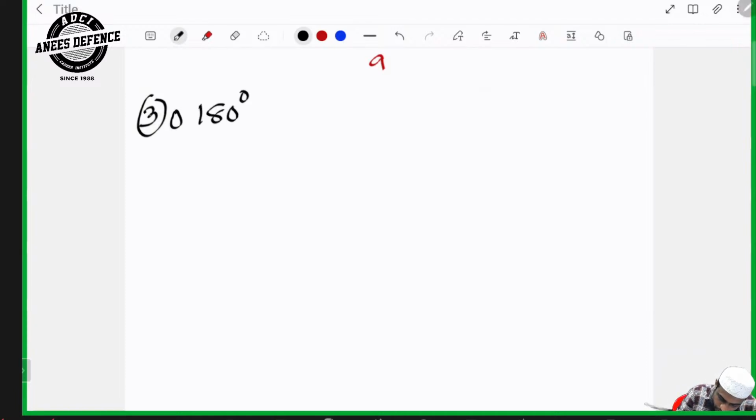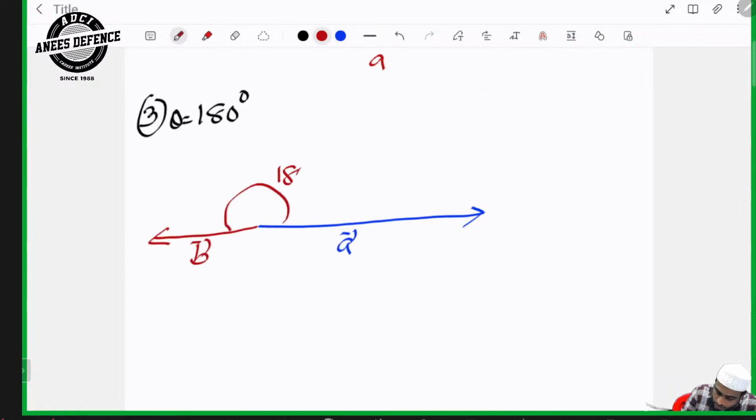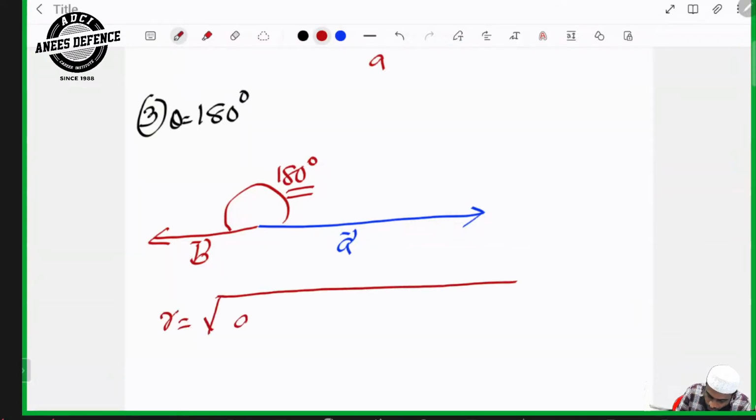Theta equal to 180 degree. So here you can see one vector is like this. The other vector, theta means 90, 180 means the other should go like this. So the angle between them is 180 degree. In such case, what is the resultant? R equal to root of A square plus B square plus 2AB cos 180.